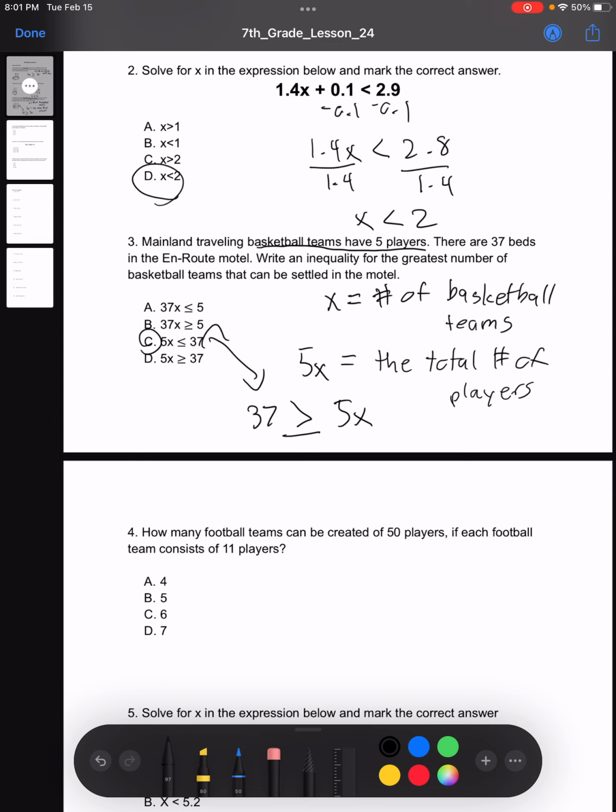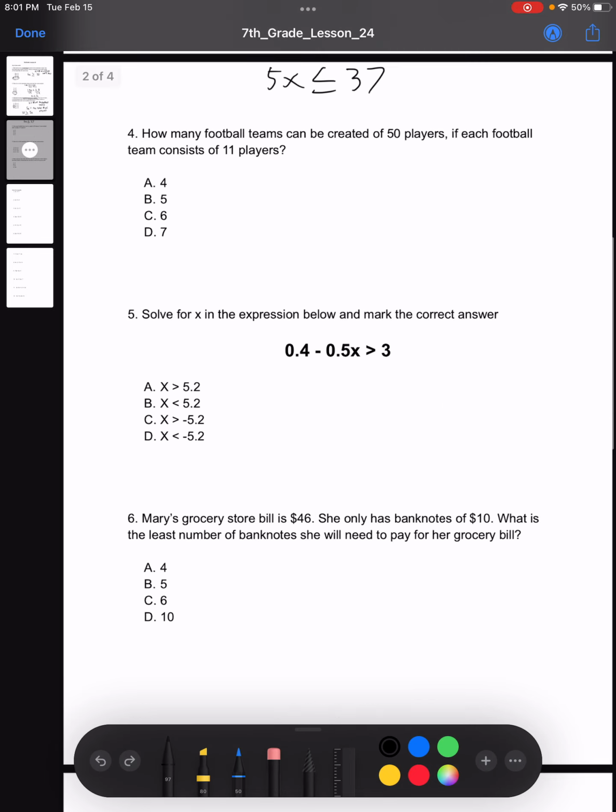These 2 expressions are equivalent. All they did was move over the 5x to the left side and the 37 to the other side. These 2 are equivalent expressions. Let's move on to number 4.